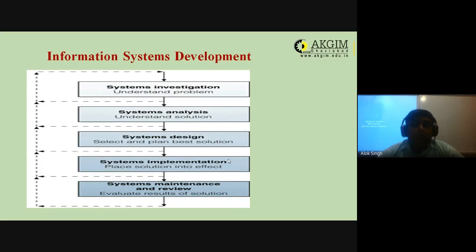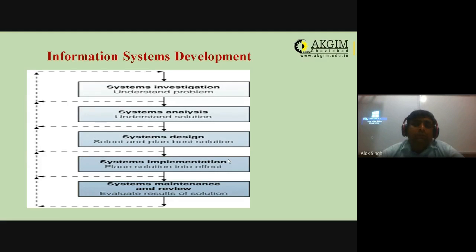If you talk about information system development, there are certain steps. First is system investigation. As I have told earlier, first you need to understand the purposes behind developing an information system. As you know, IT is an integral part of an organization, and it is a critical success factor for almost every business aspect nowadays.